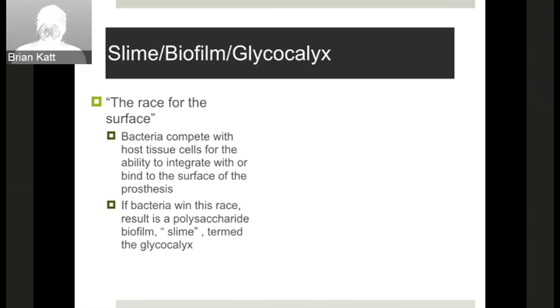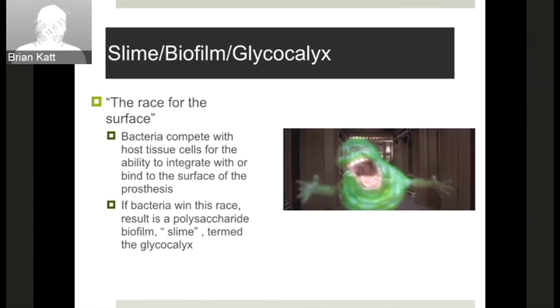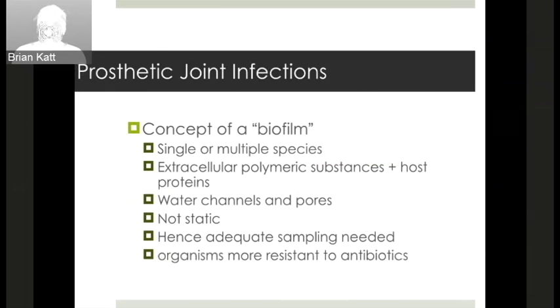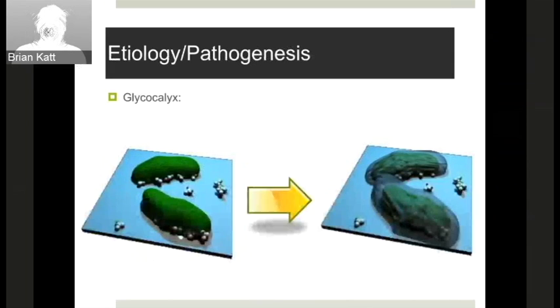You get a single or multiple species, and it forms this slime layer over it. That makes it difficult for the antibiotic. This is your prosthesis, and these are the bacteria, and they form this slime layer over it.